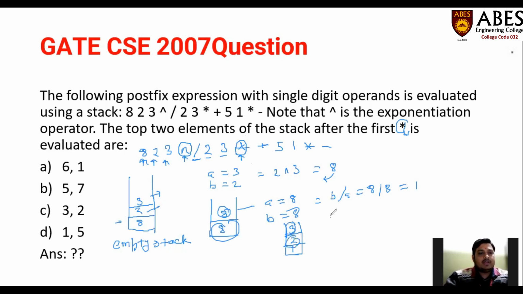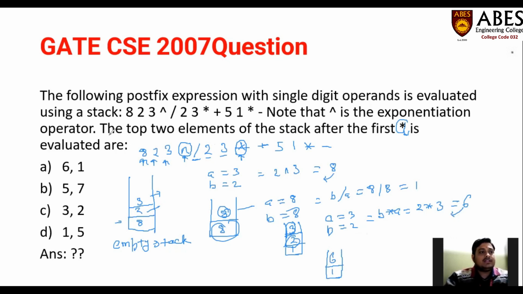Let's say a equals 3 and b equals 2, and perform b multiplication a, that is 2 into 3 equals 6. Now we push this back onto the stack. So after doing this, you can see the top of the stack below is 1, and we have pushed this 6 back onto the stack, so on the top we have 6.